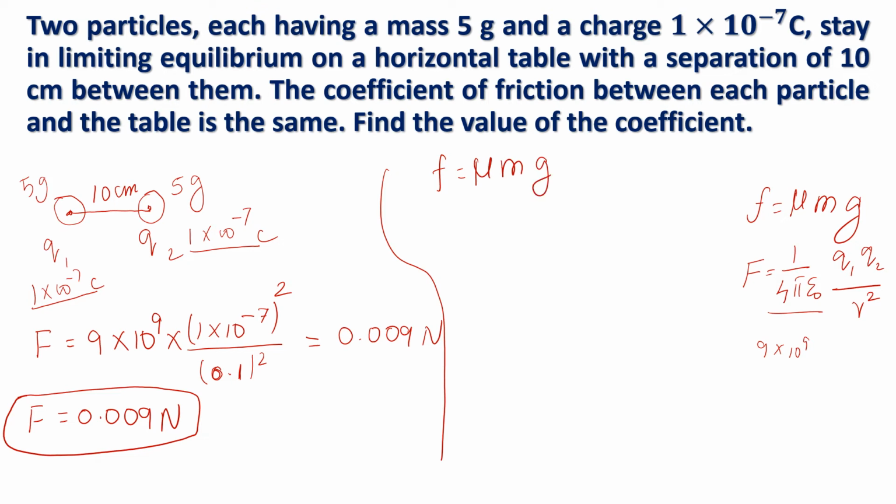We don't know the exact value of mu, but we have to find it. Substituting, F equals mu, which we don't know, times m, which is 5 gram, so 5 into 10 power minus 3 kilogram, times g, which is 9.8 meter per second square.